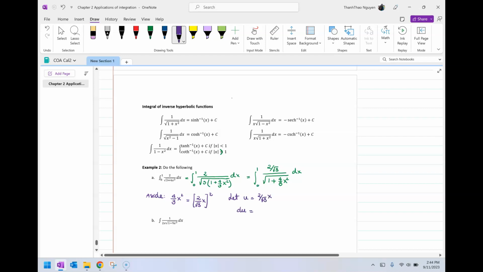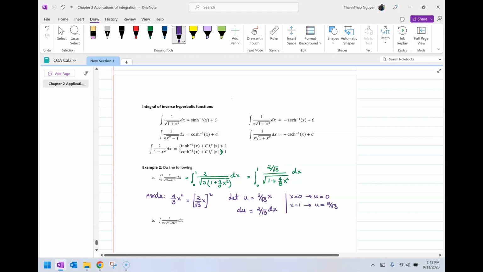Then du equals 2 over root 3 dx. I will change my upper and lower limits. So when x equals 0, u equals 0. When x equals 1, u equals 2 over root 3.